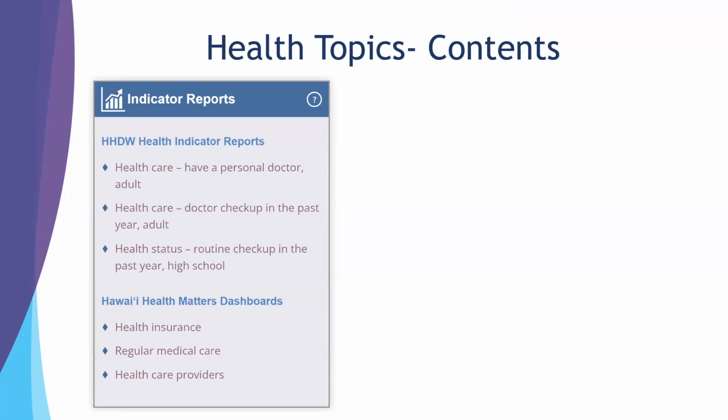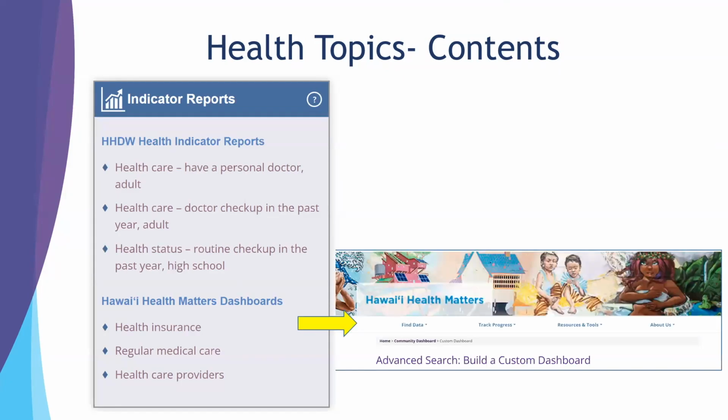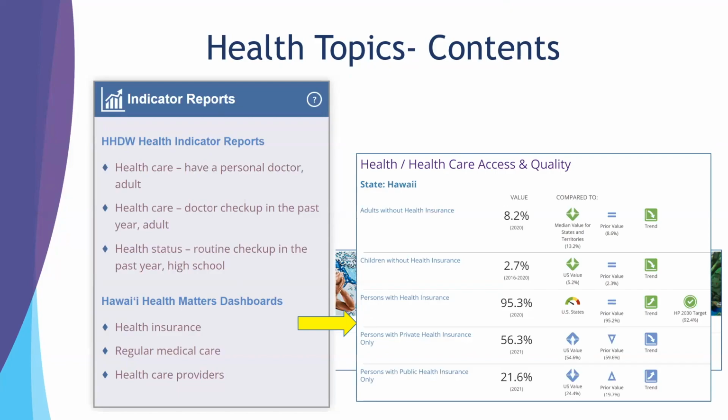The Hawai'i Health Matters dashboards provide a customized collection of related health indicators displayed on our sister site, Hawai'i Health Matters. Here you can see the dashboard for health insurance displaying all the indicators involved in this topic area. And if you've used Hawai'i Health Matters before, this will look familiar to you. These dashboards are a great way to get a feel for what data is available around a given topic.